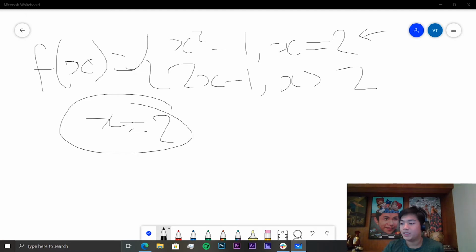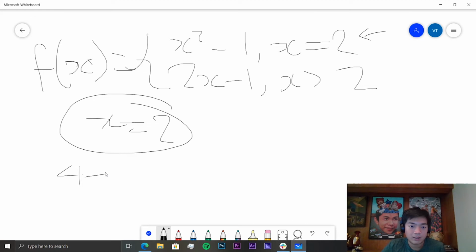So now let's check all three of those. If we get the value of this function at this point, which is 2 squared minus 1, that's equal to 3. So it does exist, that's fine.